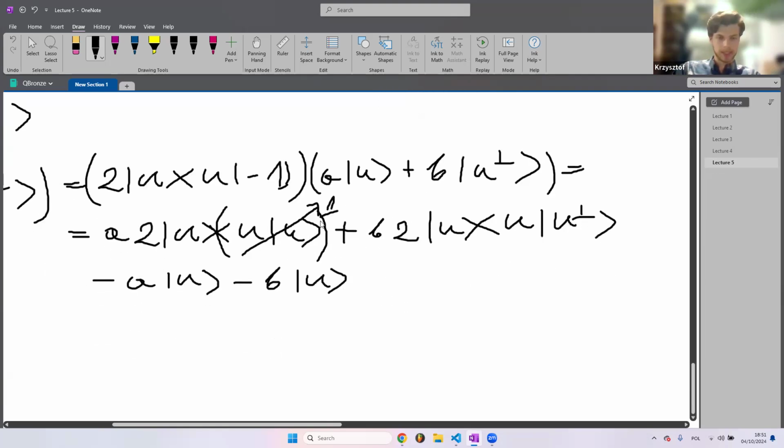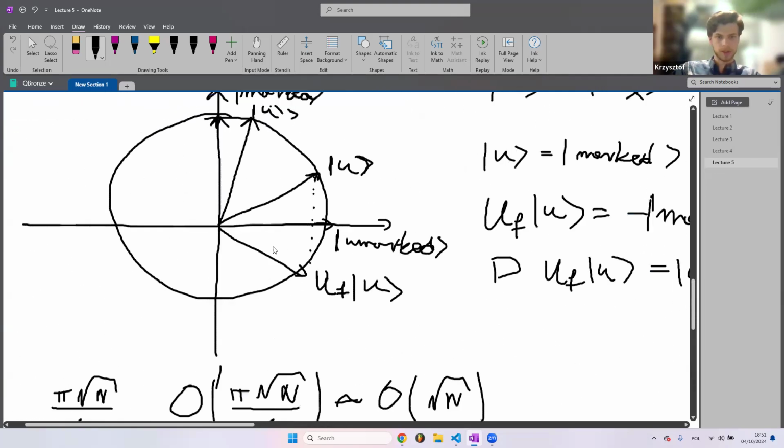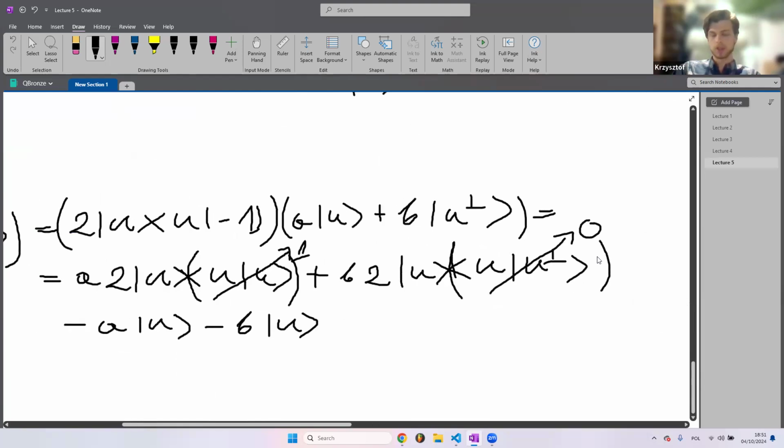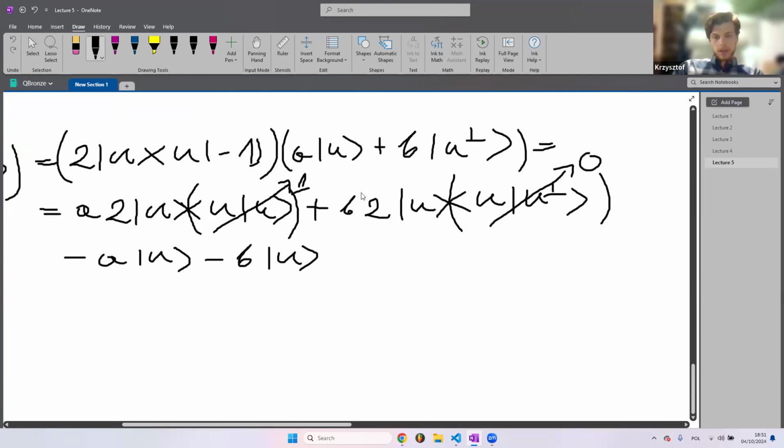Now we can see that this expression here gives us 1, and likewise, this expression here gives us 0, because those two vectors are once again perpendicular to each other, which means their scalar product is 0. You can choose the order in which you apply the operation, but you cannot choose the order in which you place those vectors. This is a very important note. So this reduces to 1, this reduces to 0.